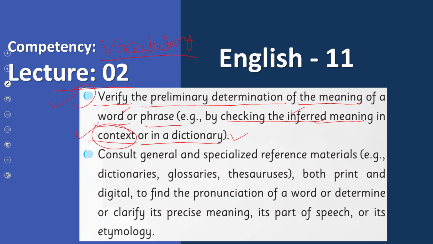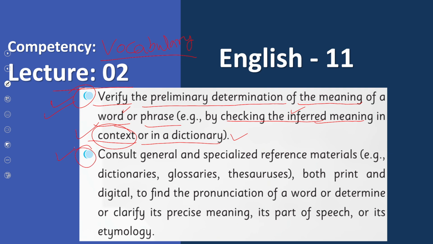We can use context clues, we can use different reference materials like a dictionary or thesaurus or glossaries and so on. So, there are different ways of determining the meaning of a word according to the context that we are reading. It depends upon the text and its context. This is the first SLO that we will cover.